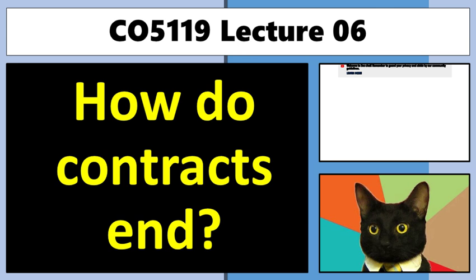can be the easy way for a contract to end, of course, is that both sides do exactly what they say they're going to do, and they never have to worry about it ever again. But we know that's not how life works. And to be honest, the only reason you really need to know how all this law works is for when things go wrong.